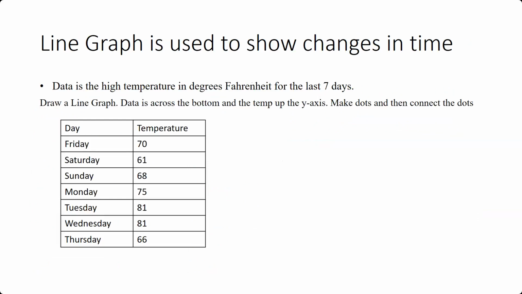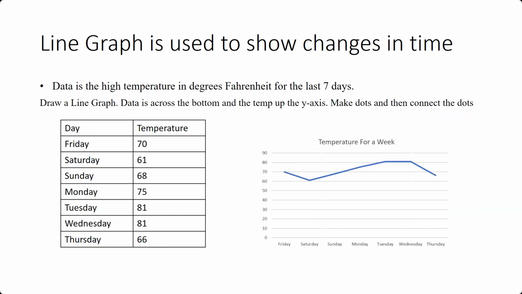Line graph. The line graph is used to show changes in time. Your time goes across the bottom. And then you go up and put a point above each one. So you'd have Friday on the bottom, you'd make a point at 70. Saturday, you'd make a point at 61. So there'd be a point at each one of these.